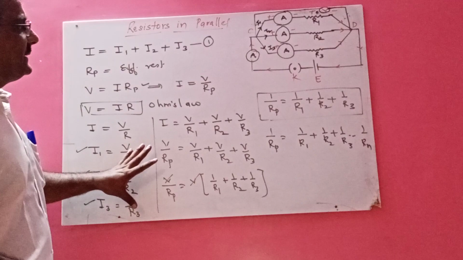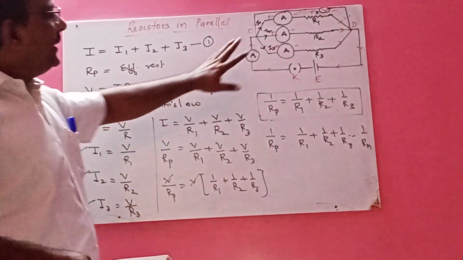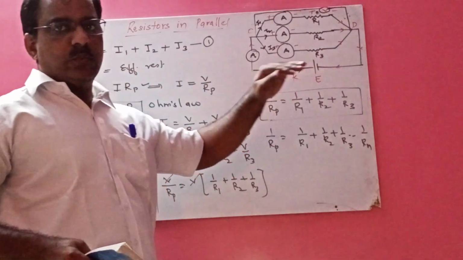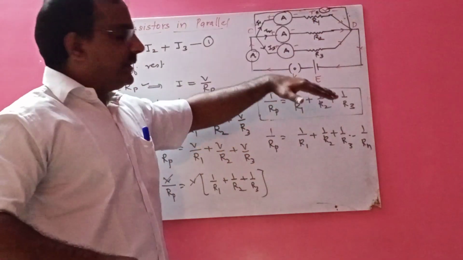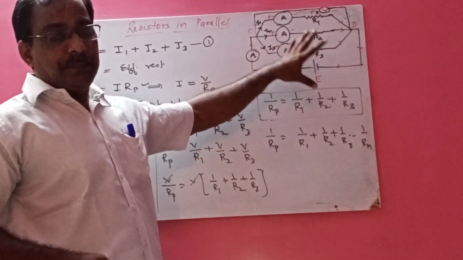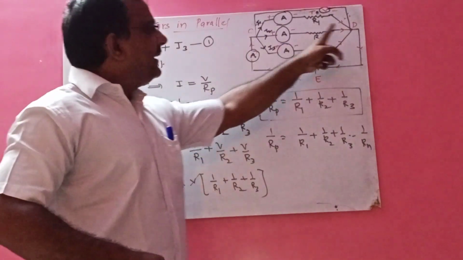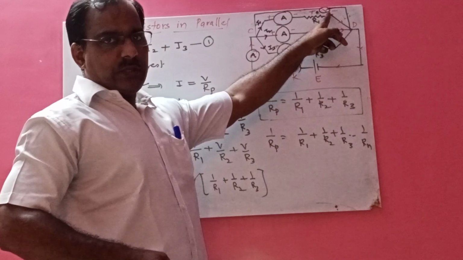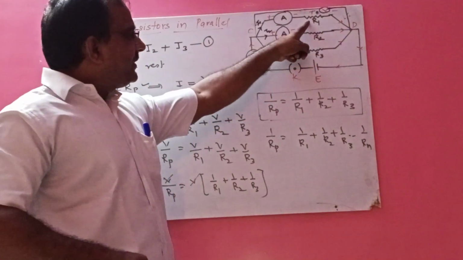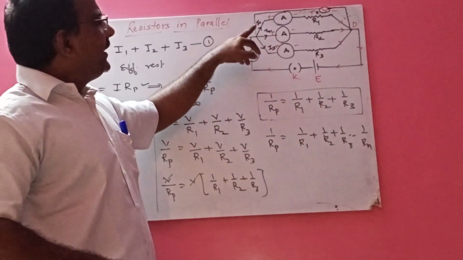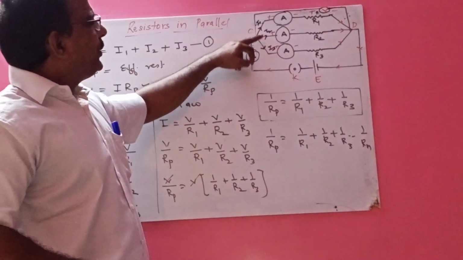So once again you just see this, children. Here I have connected the 3 different resistors R1, R2, R3, one below the other. That is why it is called a parallel combination. Now across the terminals C and D, the potential difference is denoted by V, and each resistor has a different current, denoted by I1, I2, I3.